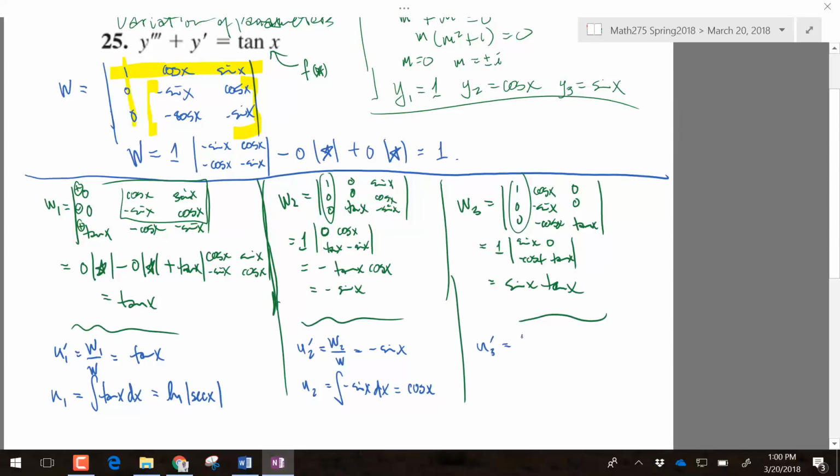Sine x, tan x. So secant x minus sine x.